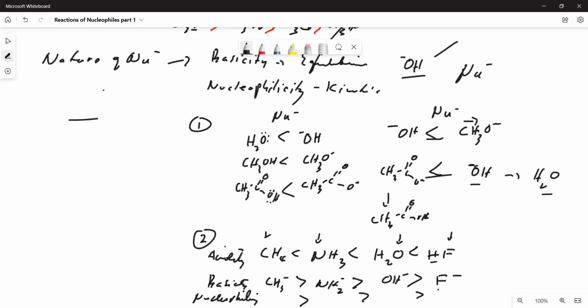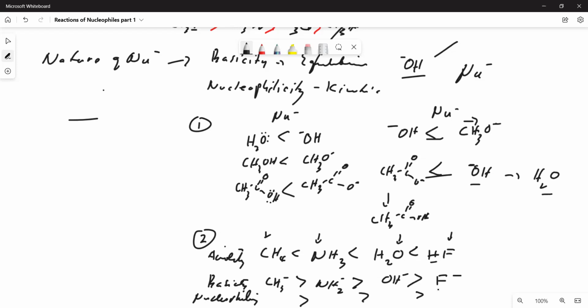So methide is more basic, then it is also more nucleophilic than the amide. Amide is more basic, then it is also more nucleophilic than the hydroxide. Okay, so here you have different nucleophilic centers, but they have almost the same sizes.